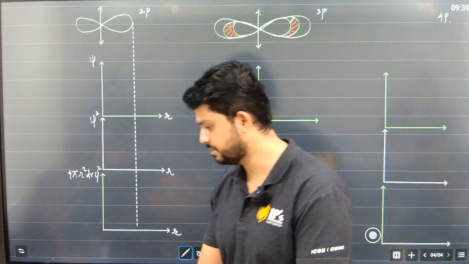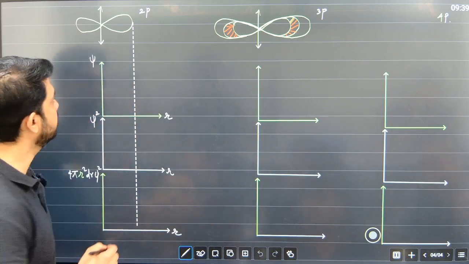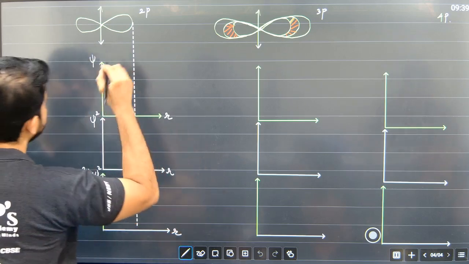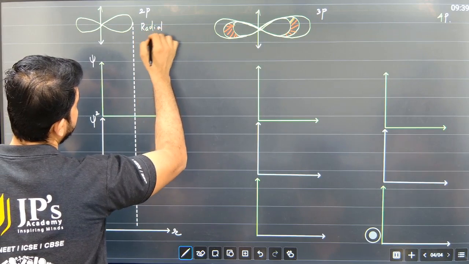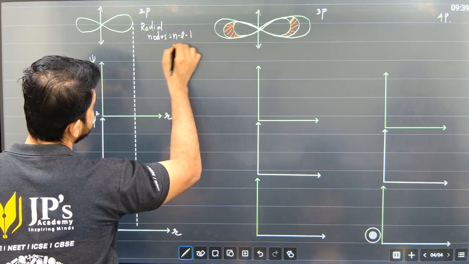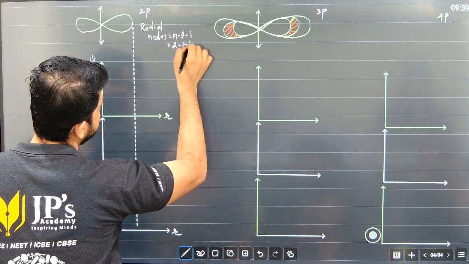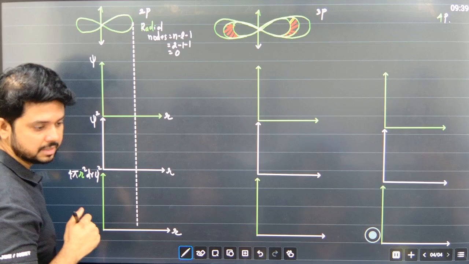Let's start. Can someone tell me the number of radial nodes in 2p? Let's calculate. What is the formula for radial nodes? n minus l minus 1. So how much will this be? 2 minus 1 minus 1. So the number of radial nodes in 2p is 0.